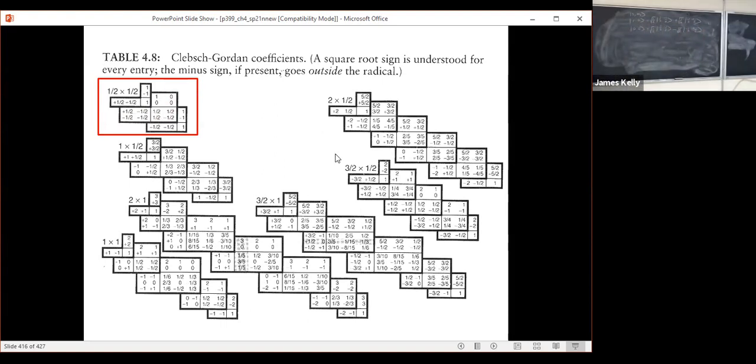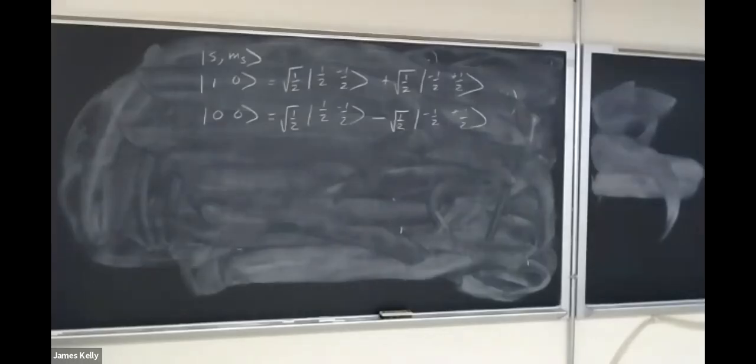It's also telling me that, for example, combined S equals 1, combined M sub S equals plus 1 is just equal to the plus 1/2 plus 1/2 individual particle description state. We found that before. So what we're seeing on the board right now is an expression we showed before.